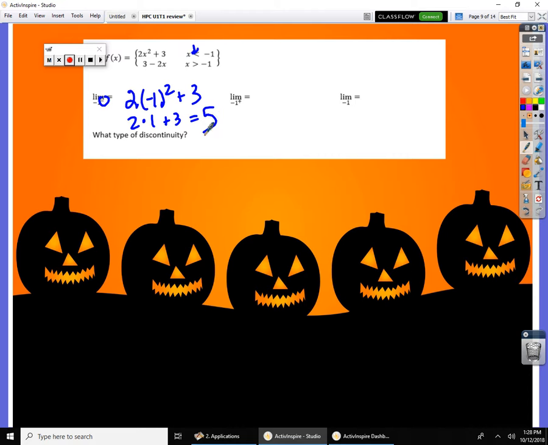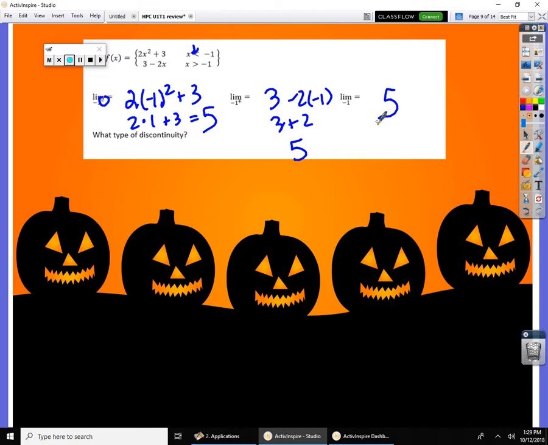A-okay? Okay. I deleted the equal to on yours. Delete the equal to on your packet. Sorry. Now for this one, it's 3 minus 2 times a negative 1, which is 3 plus 2, which is 5. What's the limit? 5.